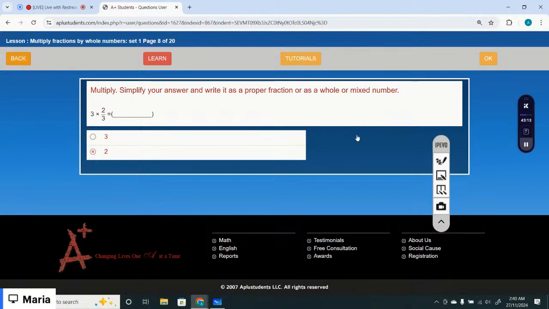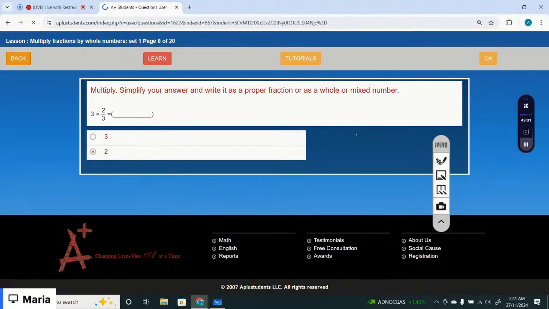Okay, you can complete the lesson by yourself later today. So, we were working on grade 5 math. The chapter we're working on is multiply fractions.